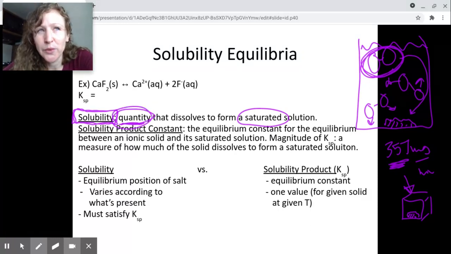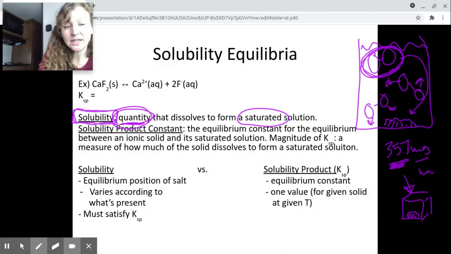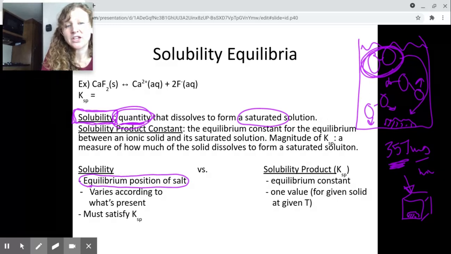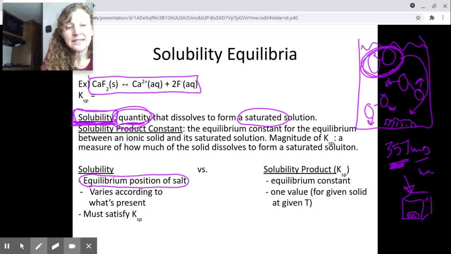Now, the trick is when you're looking at an ICE chart, where does that quantity appear? That quantity in an ICE chart is the equilibrium position of the actual salt. So if our reaction is calcium fluoride splits into a calcium and 2 fluorides, the solubility is not the initial amount.